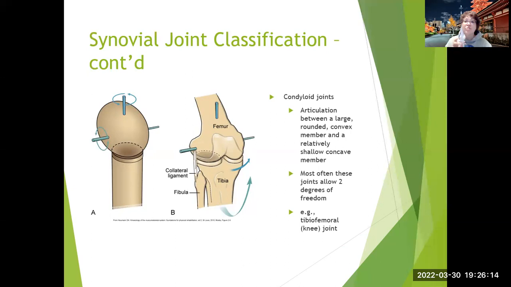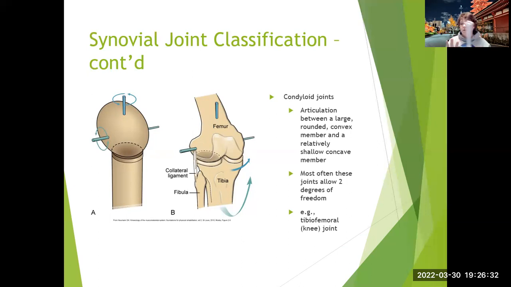So usually it's 2 degrees of freedom. So the knee is not just a simple hinge joint. It has a little bit of rotation too, and it has some functional significance. And we'll talk more about that in the knee chapter. But so we have 2 degrees of freedom in a condyloid joint.